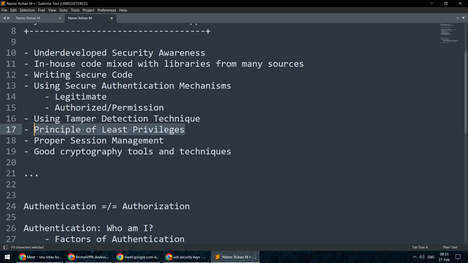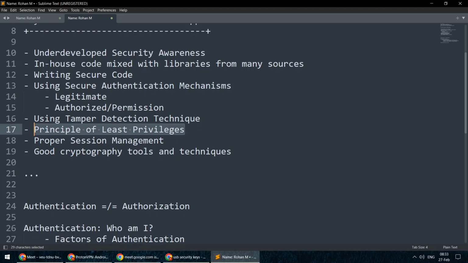The principle of least privileges means to give any user as few privileges as possible, as minimum permissions as possible, until and unless they specifically ask for a permission and you feel that yes, it is safe for us to assign them this permission, then only give it. By default, give them as few privileges, as few permissions as possible. This is the principle of least privileges.